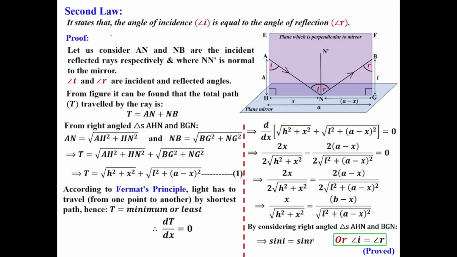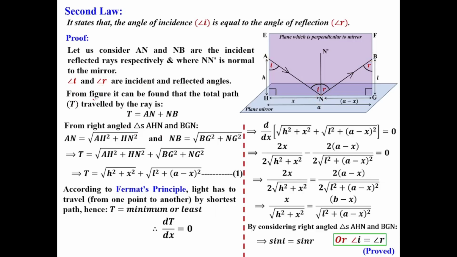Okay, so this diagram represents the same. I and R are the incident and reflected angles for this ray. A to N is your incident ray, N to B is your reflected ray, and this I and R represent the incident and reflected angles.